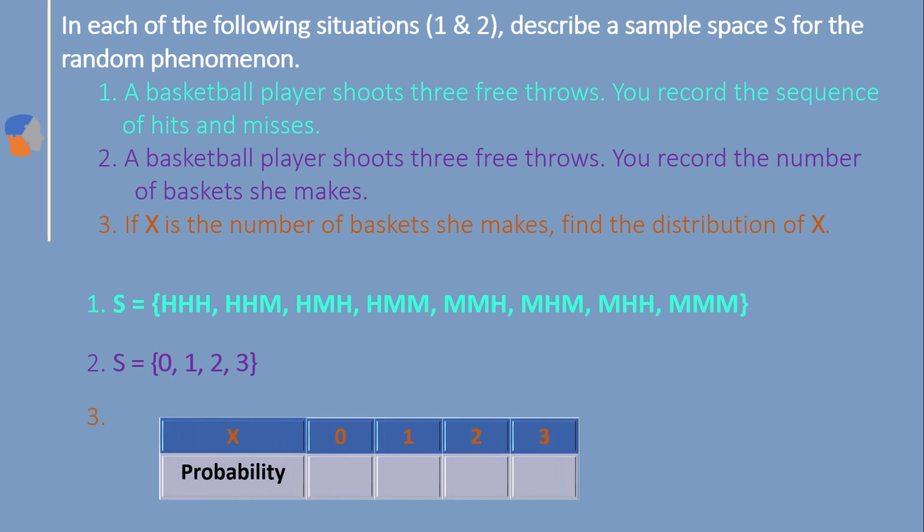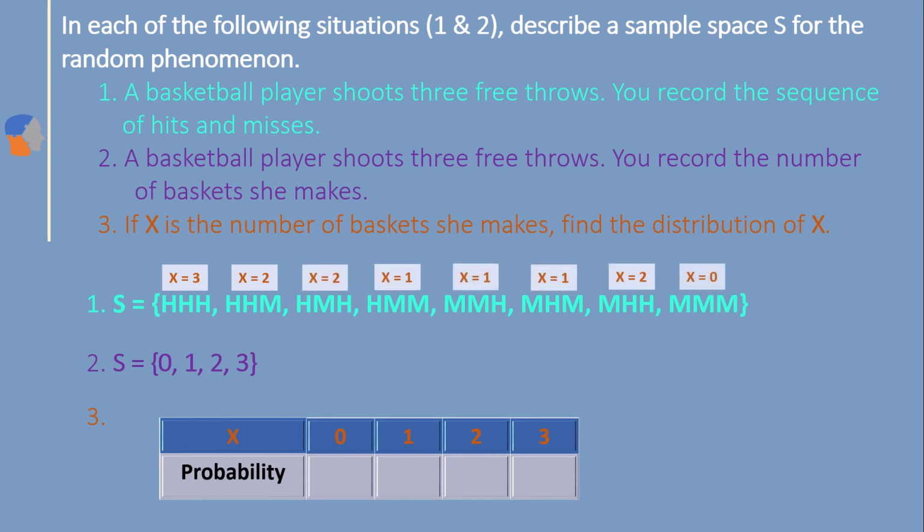How do we find the probability for this case? Now we need to check the x values. Here x equals 3 because of 3 hits. Next one, x equals 2. How about the next one? It is also x equals 2. Similarly, you can find the x values. The last one, x equals 0 because no hits.